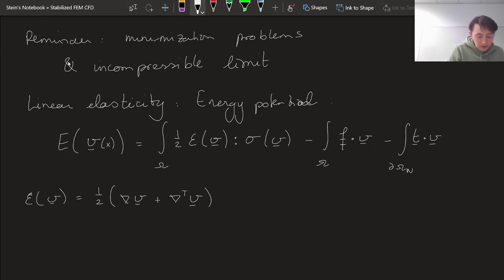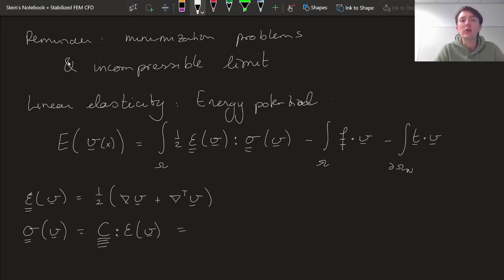And the stress as a function of some vector valued function: this is a second order tensor, and this is also a second order tensor. In general, we would write that as the fourth order elasticity tensor, a material parameter, double contracted with the strain.